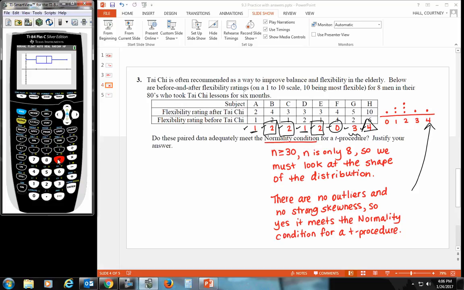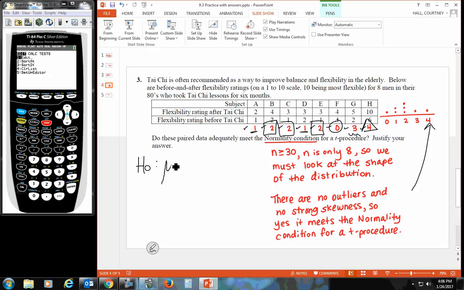If you actually had to do the test, the way you would write up your hypotheses is, the null hypothesis would be that the mean difference is equal to 0, and the alternative would be that the mean difference is greater than 0, because you want them to get better when they're doing the Tai Chi.